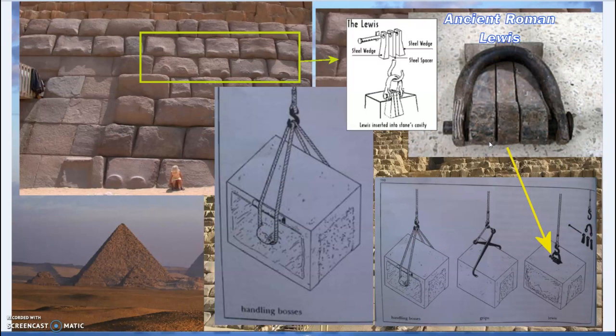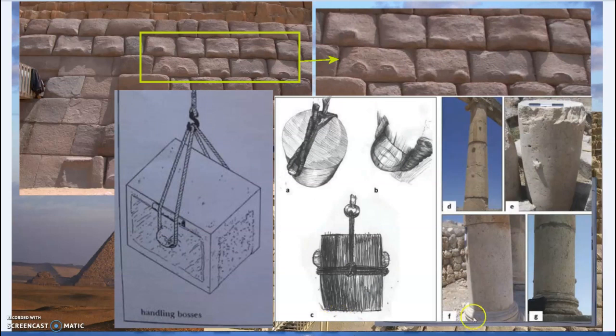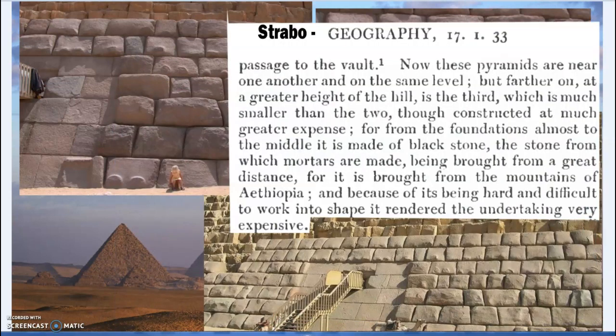So you just need to carve a small notch in there, and it wedges in, and it's awesome lifting technology, very simple, still used today, and again described in the ancient texts on lifting. And so you still see these features all across the ancient world, lifting or handling bosses.